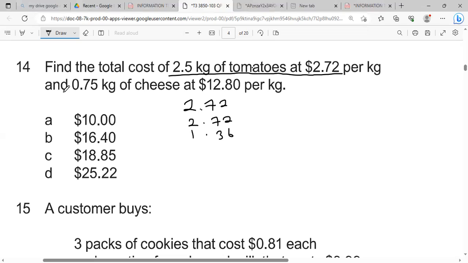Let's look at the cheese now. Notice it says 0.75. That means it doesn't reach 1 kilogram. So it's going to be less than $12.80 because guess what? If 1 kilogram costs $12.80 and this is 0.75, that's like 3/4, right? So what we can do is to find 3/4 of $12.80.